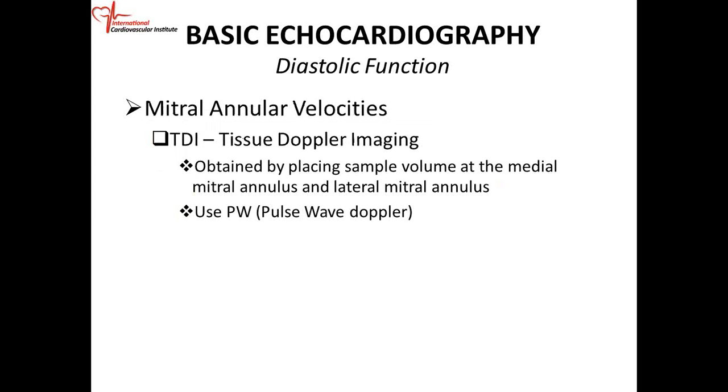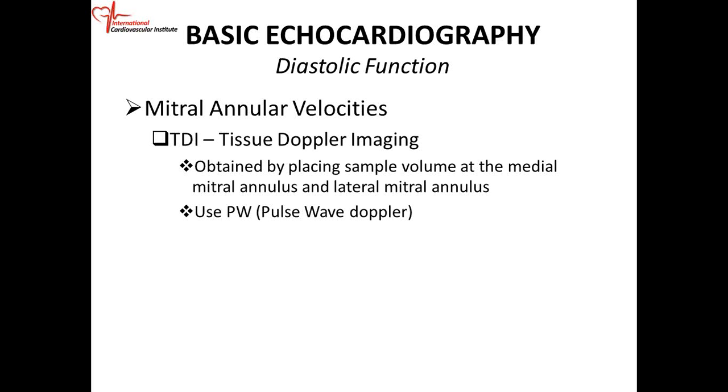All right, so we had mentioned a little about tissue Doppler imaging, and as mentioned before, tissue Doppler imaging is just looking at the movement of the tissue. We use velocity to describe that movement.